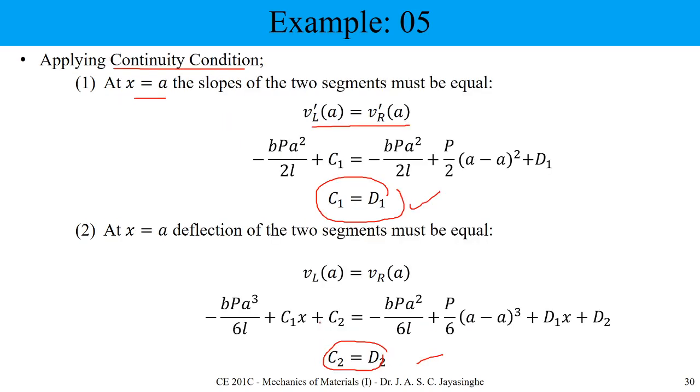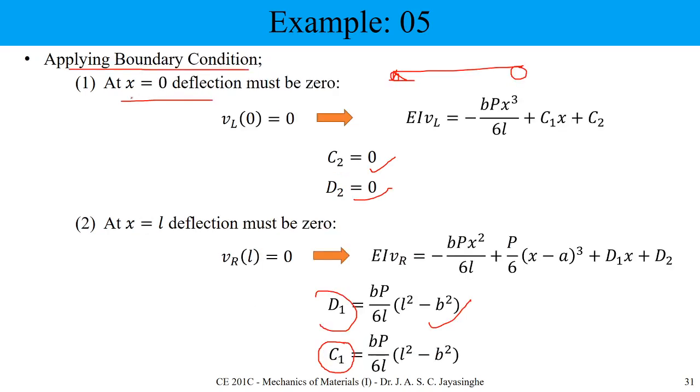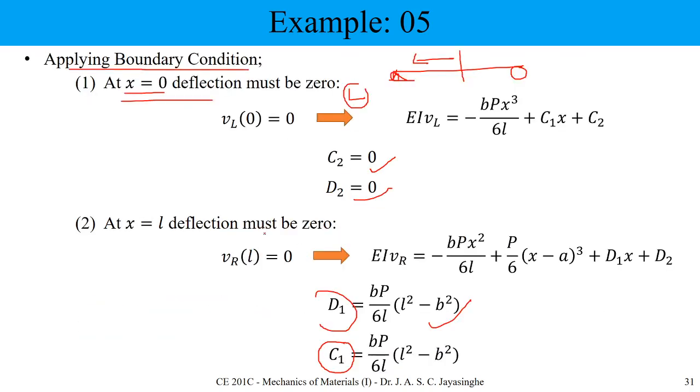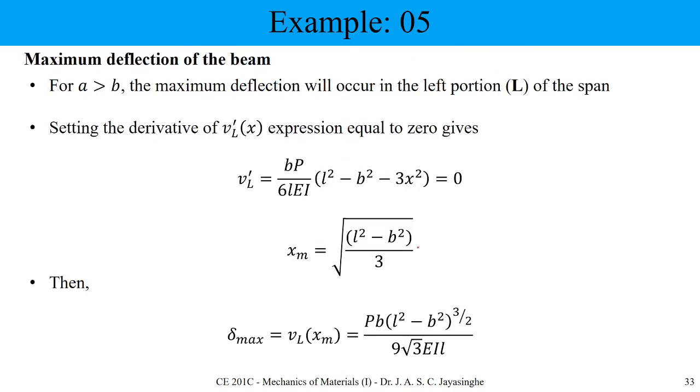Here again I need to explain this one clearly. When you come to here, this is x equals 0. x equals 0 means your left side, so you need to select the left equations. When you come to x equal L, that means you are working with the right side, so you need to select the right side equation.